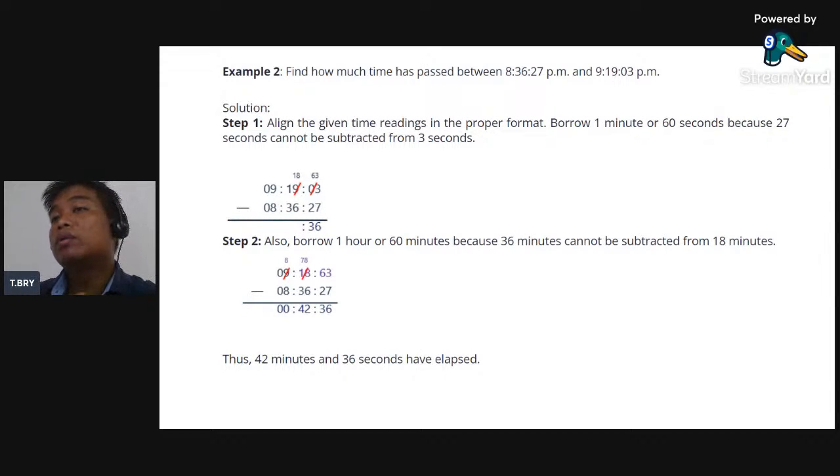Thus, 42 minutes and 36 seconds have elapsed. That is the pagitan of the time, since the event started at 8:36 and ended at 9:19.